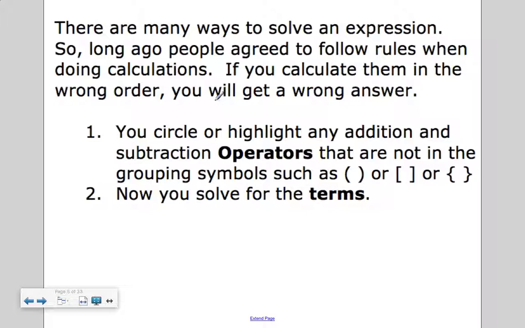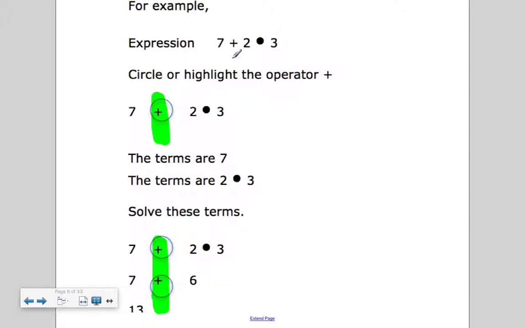What you do is you circle or highlight any addition and subtraction operators that are not in the grouping symbols, such as parentheses or brackets. Then you solve for the terms. So what does that mean? For example, in this problem of 7 plus 2 times 3, this is the expression.